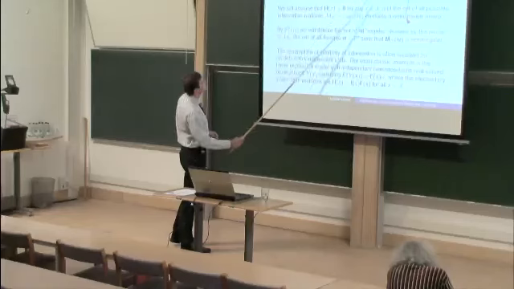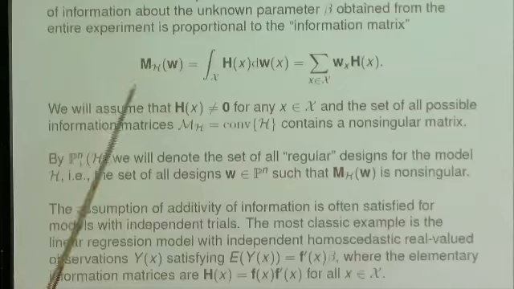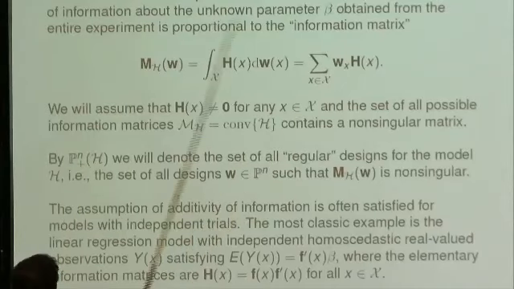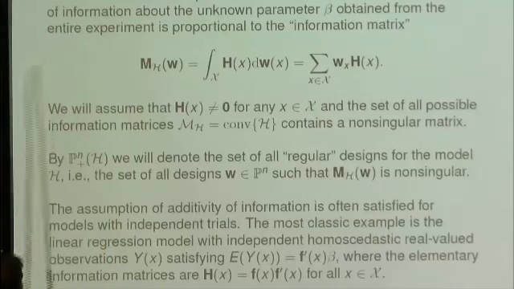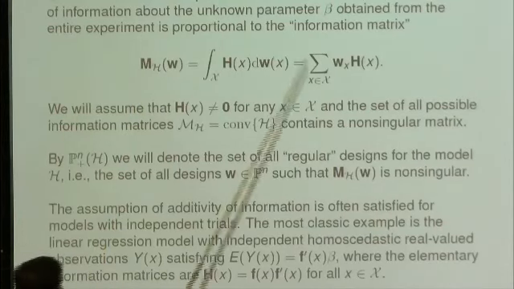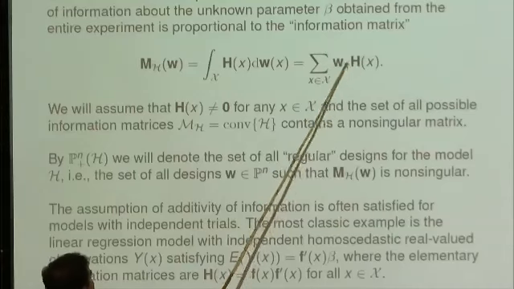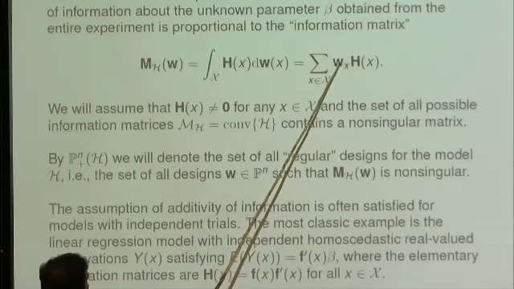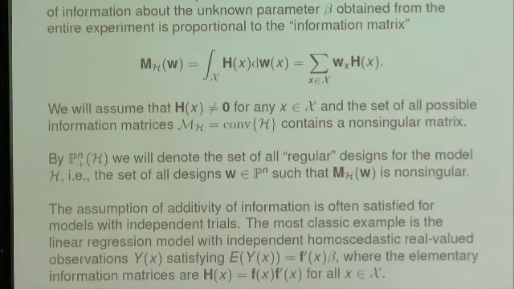Okay. So the information is additive. We can calculate the information matrix, the information about the unknown parameter from the entire experiment, by weighing the elementary information matrices with weights given by the vector representing design, vector W.